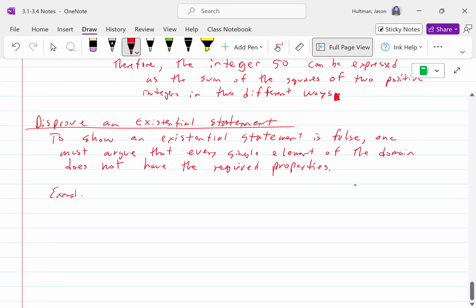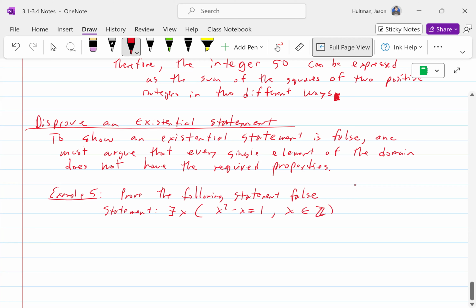Example 5. Prove the following statement false. Statement: there exists x such that x squared minus x is equal to 1, such that x is an integer.